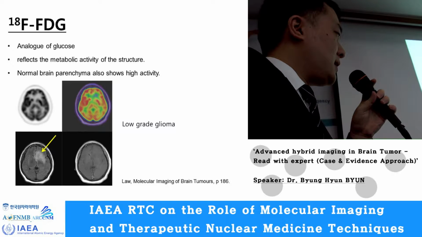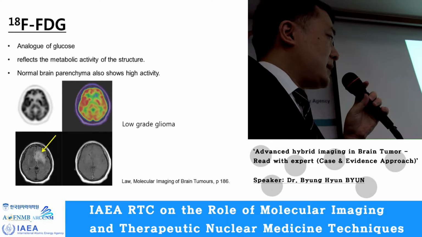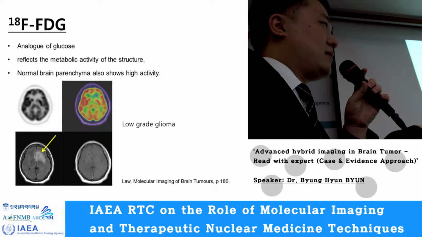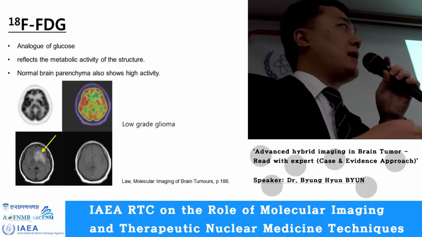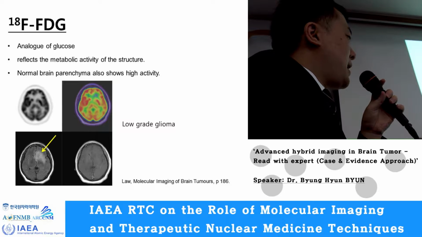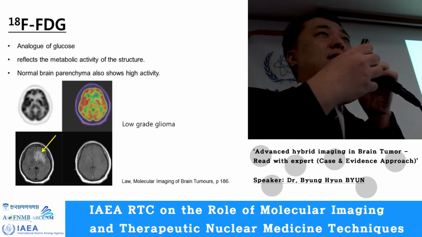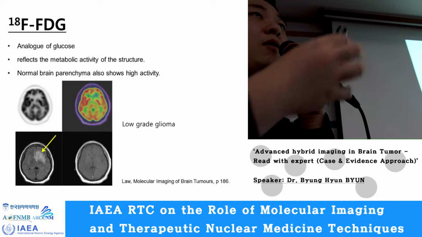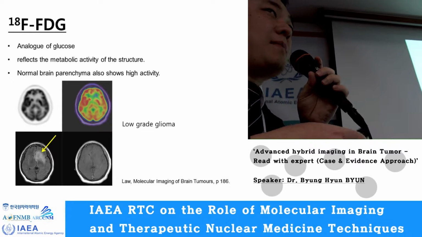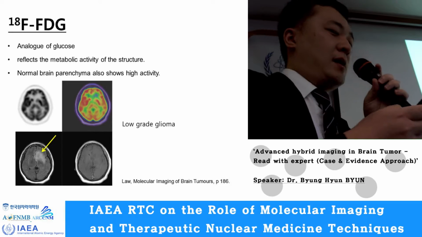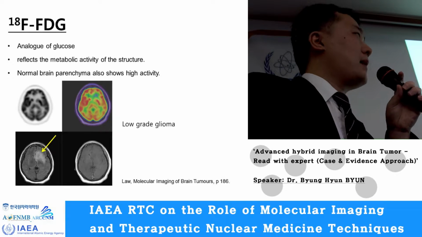So you cannot see a significant hypermetabolic lesion on FDG PET, right? Actually, there may be some uptake, but we cannot differentiate it from the normal brain parenchyma on FDG PET. This is a drawback of F18 FDG PET in brain tumors.